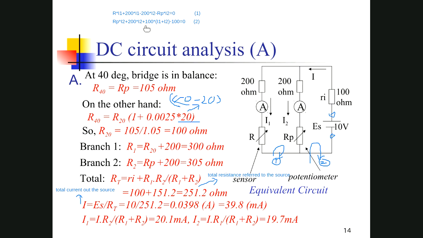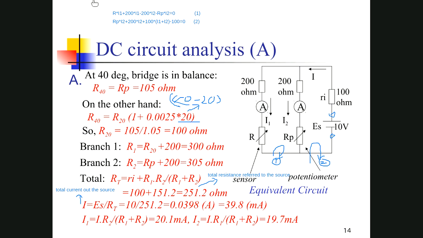And coming to the source side, the source internal resistance is 100 ohms, and the current I, which is the sum of I1 and I2 according to the Kirchhoff current law, is upward. So the voltage across the internal resistance 100 ohms is upward.